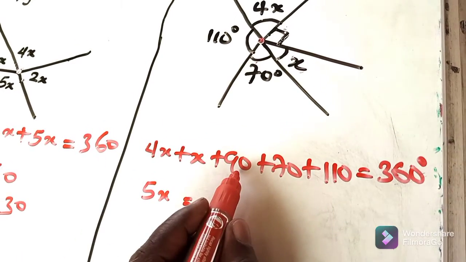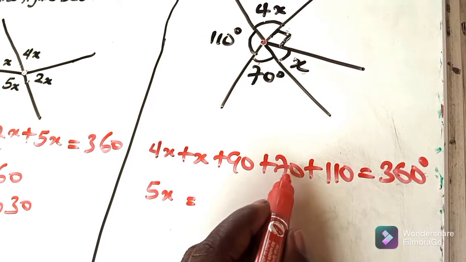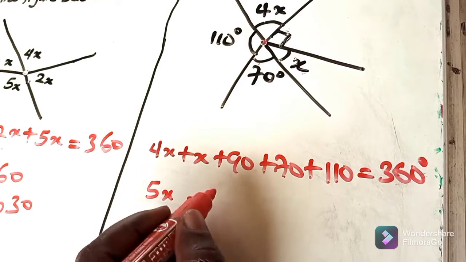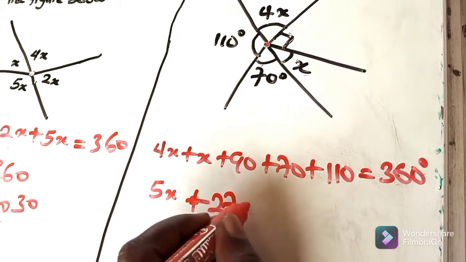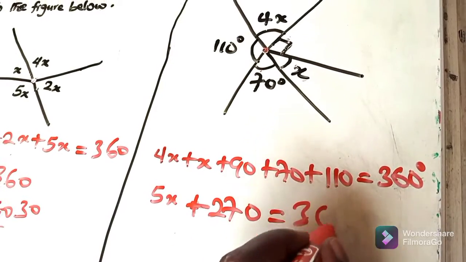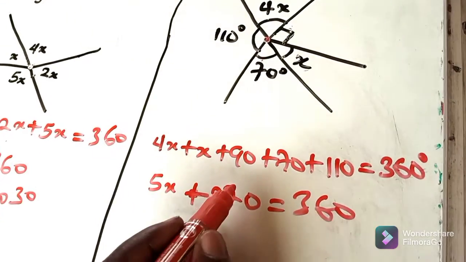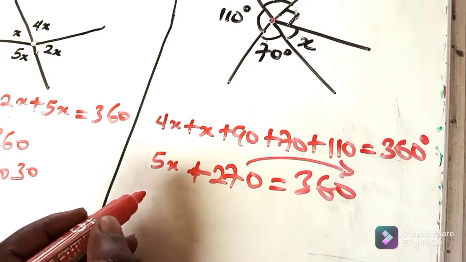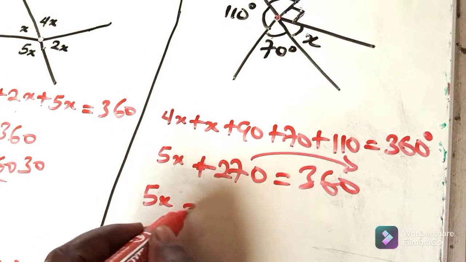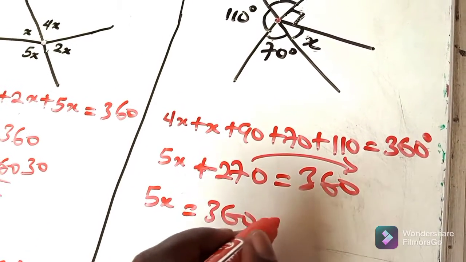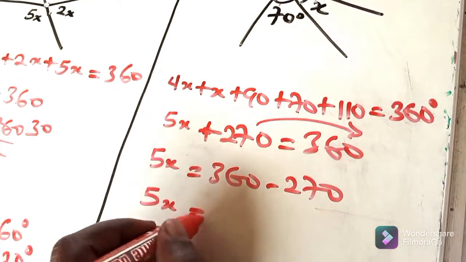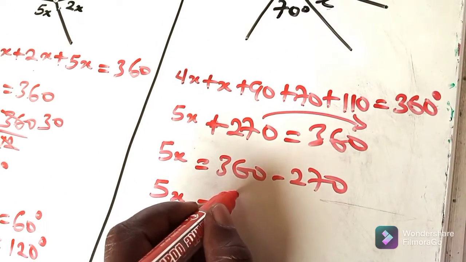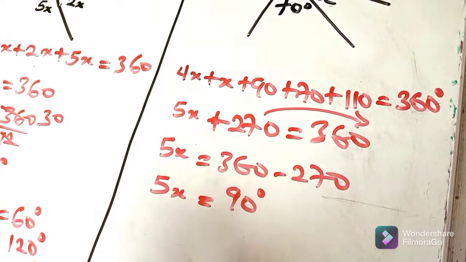Then 90 plus 70 plus 110, that will give me plus 270 equal to 360. So if I should take 270 to the other side, we have 5x equal to 360 minus 270. Then 5x will be equal to 90 degrees.